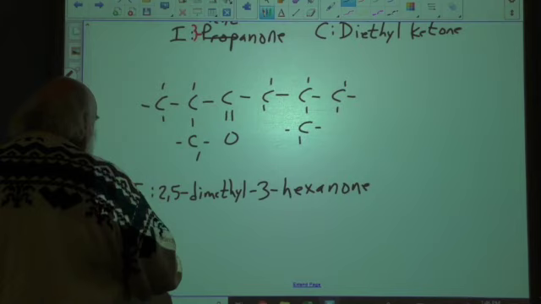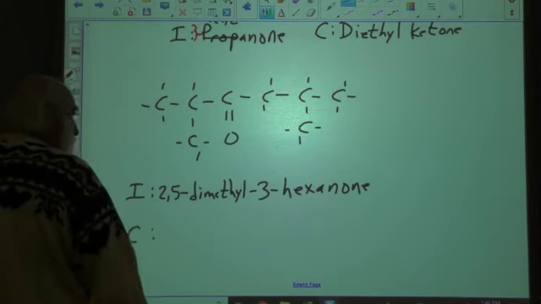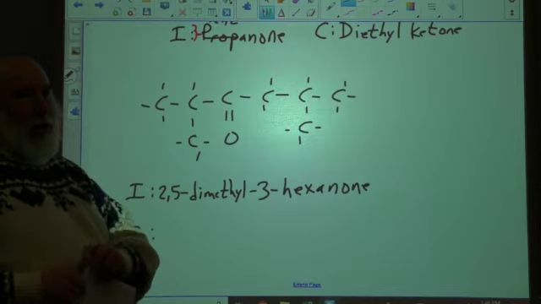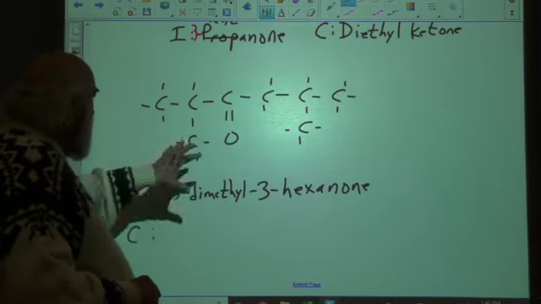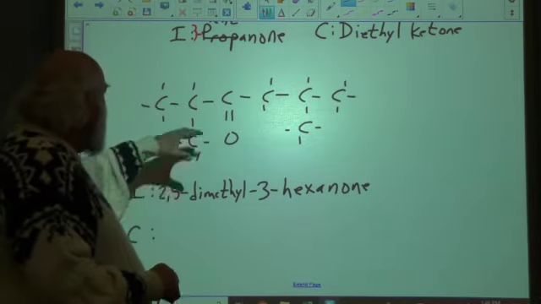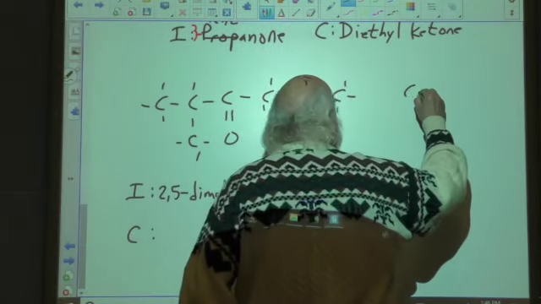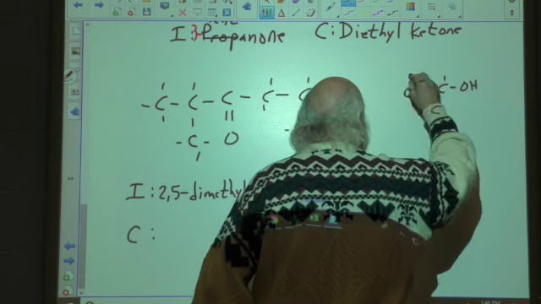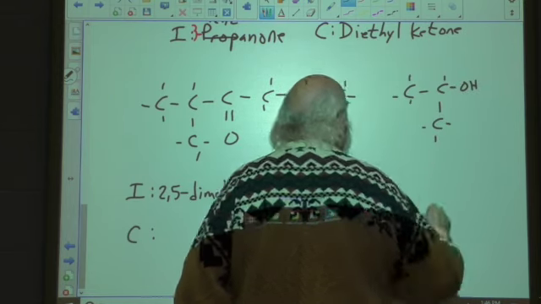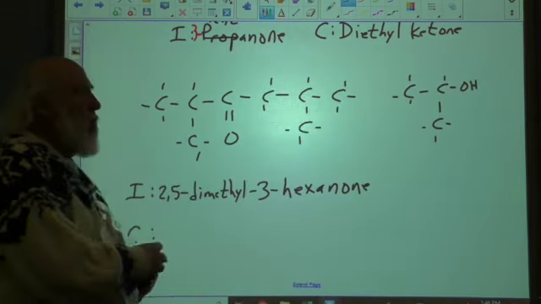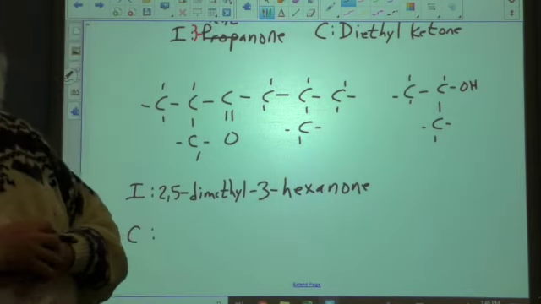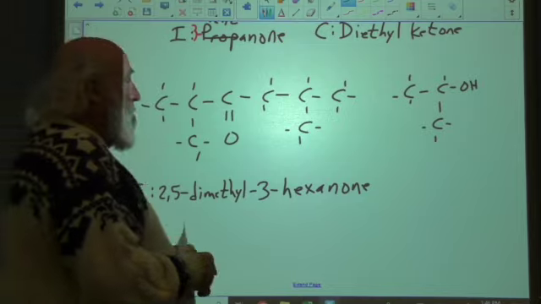Common name. Oh, now this is a doozy. So let's take a trip down memory lane to the alcohols. I'm going to take this 3 carbon piece right over here, and put it over here, and then I'm going to put an OH on it right there. What was the common name of that alcohol?